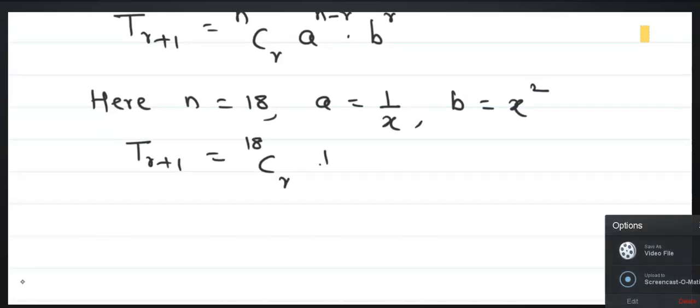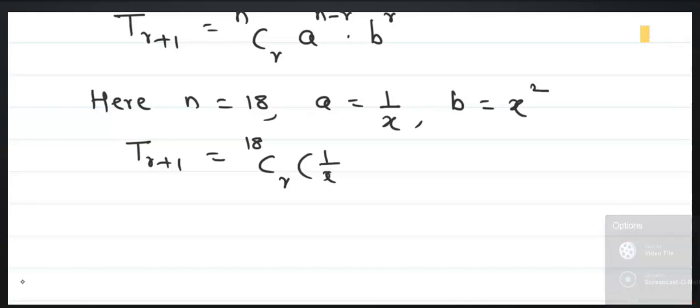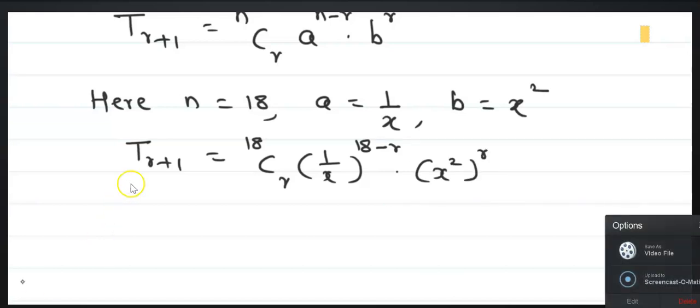Therefore, you can write down this also: n is equals to 18, a is equals to 1 upon x, b is equals to x square. Therefore, now substitute the values. That is T r plus 1 is equals to 18Cr (1 upon x) bracket raised to 18 minus r into (x square) bracket raised to r.